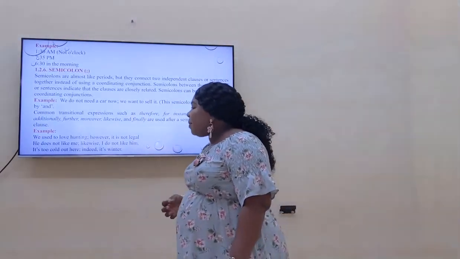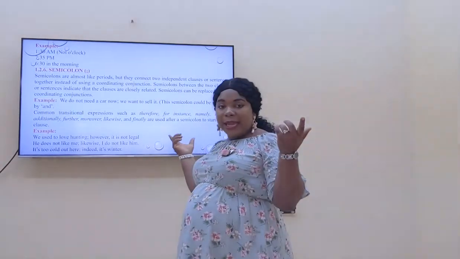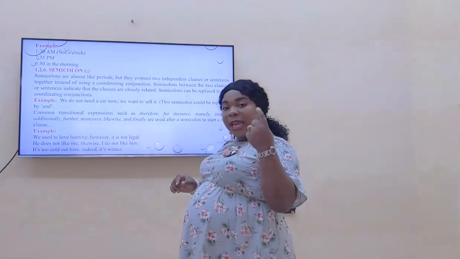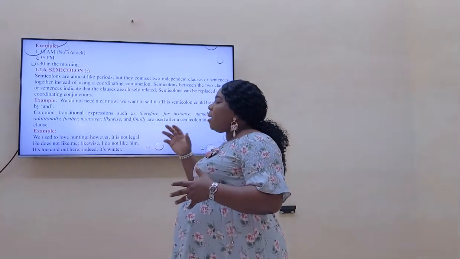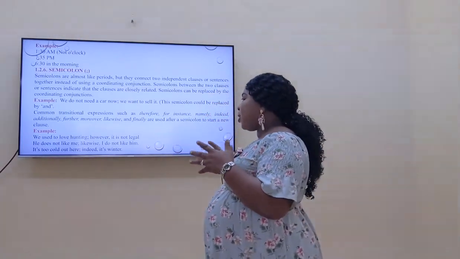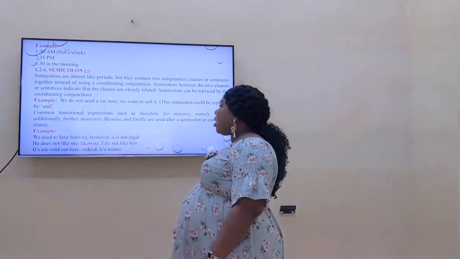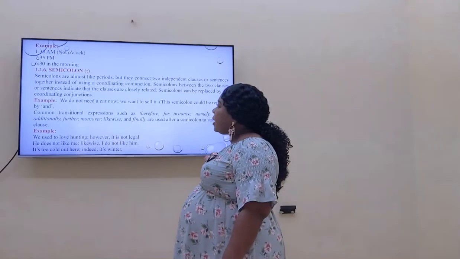He does not like me, semicolon. Likewise, I do not like him. Alright? It's too cold out there, semicolon. Indeed, it's winter. So you are using these common transitional expressions after the semicolon to introduce the rest of the sentence or the next clause of your sentence.